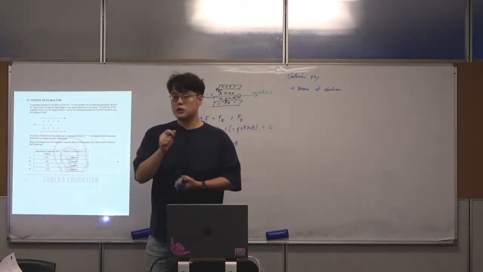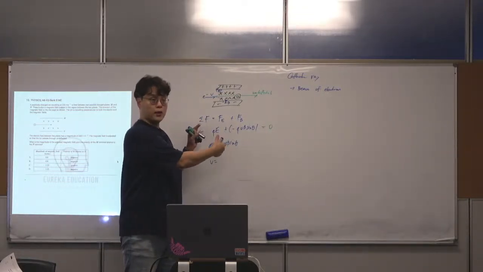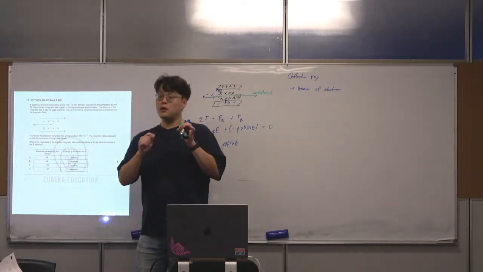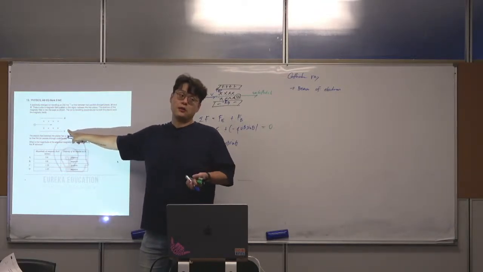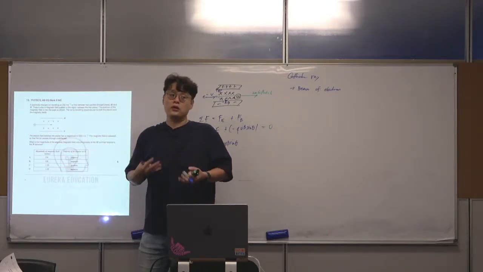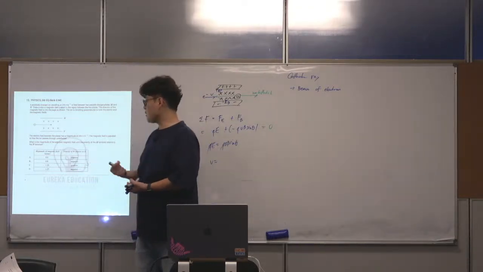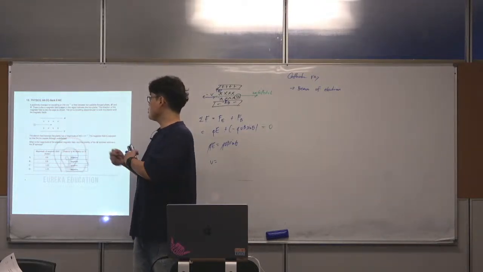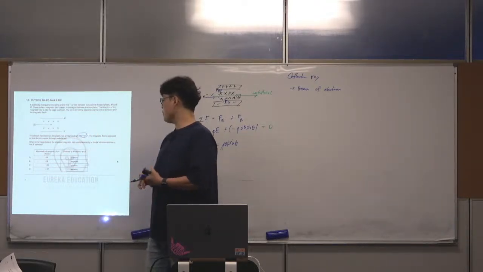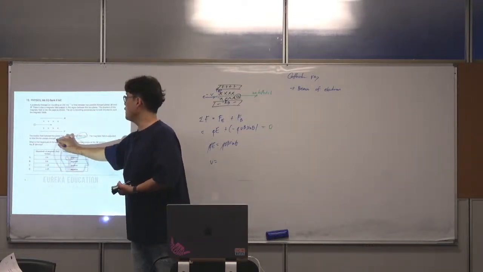So can you see that? This is something that's very similar to what I just explained here. But the problem is, we don't know which of M and N is positively or negatively charged. So we don't really know the direction of the electric field. So I guess the question would be to find the direction. The electric field between the plates has a magnitude of 200 volts per meter, and the magnetic field is adjusted so that the ion passes through undeflected.